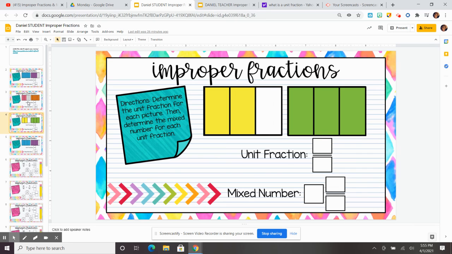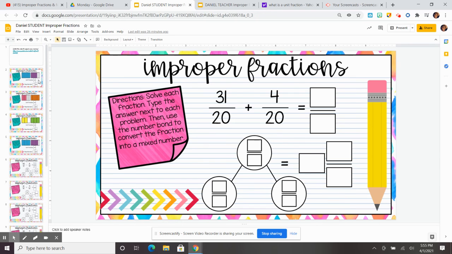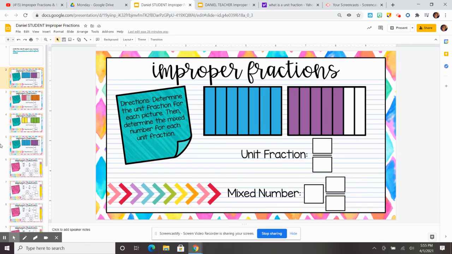Okay? So you have several of those. Pretty simple. And when you're done, if you get done ahead of everybody else, I want you to put the improper fraction in the bottom right here. All right. So this one, 1, 2, 3, 4, 5, 6, 7, 8, 9, 10, 11, 12. So you would put 12 sevenths. I'm going to put 12/7. And I'm going to make it bigger so you guys can see it.